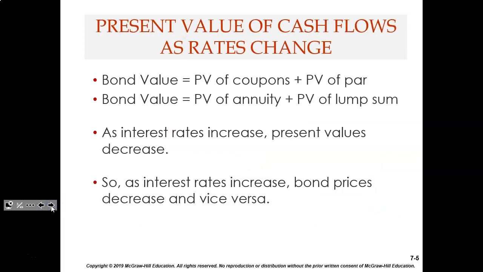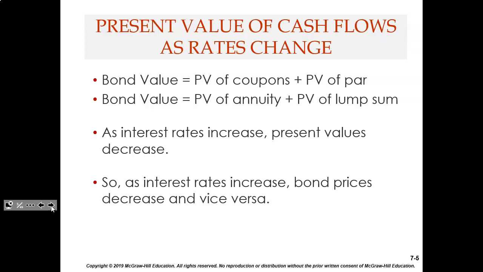Okay. Now, when we're talking about bonds, as with any asset, whether it's stocks, a car, opening a business, any asset, right? The present value or the price of the bond is the present value of the coupon payments plus the present value of our par value or face value.